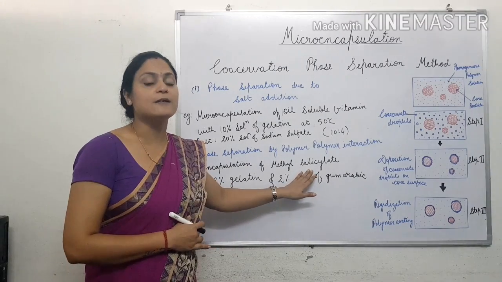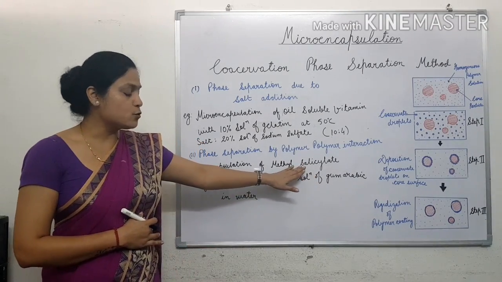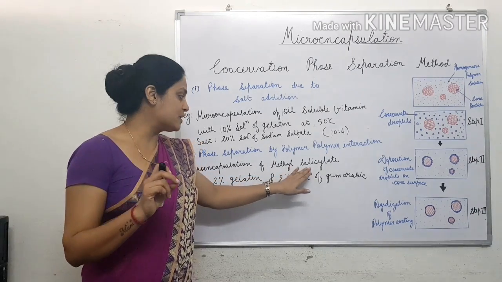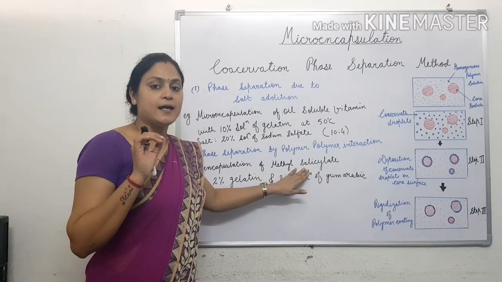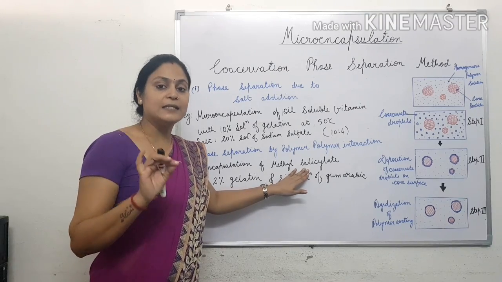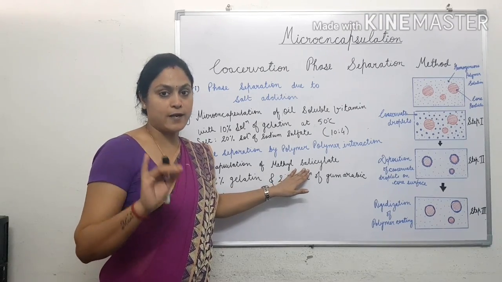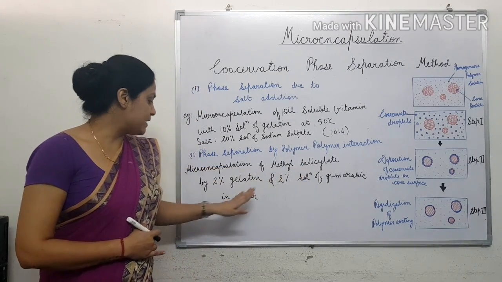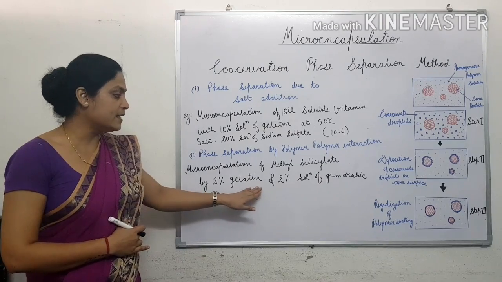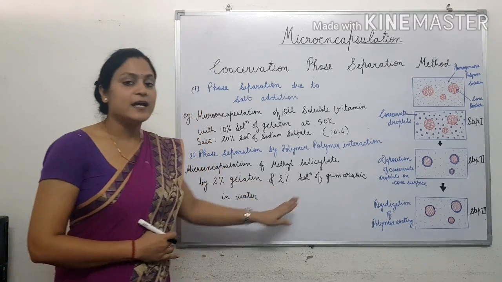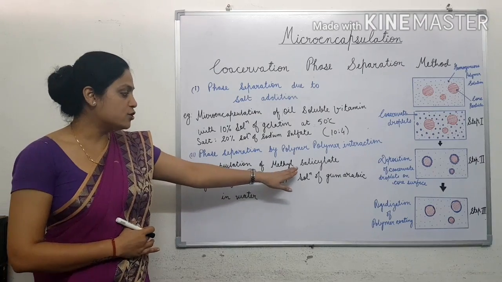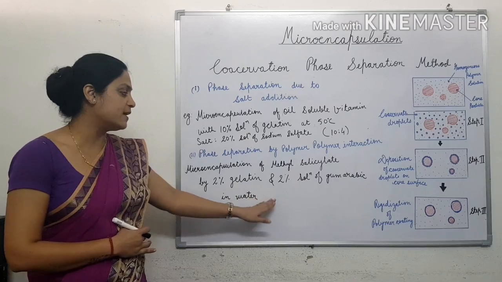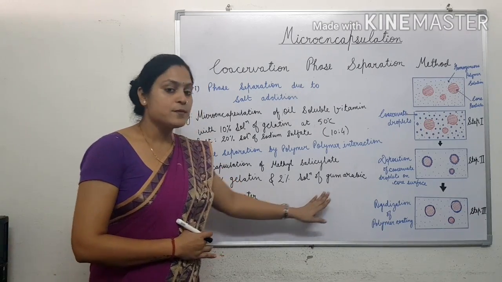Again it is first emulsified to get a desired globule size, because the globule size of this methyl salicylate affects the final particle size of the microcapsules, which are formed by coating this methyl salicylate with the help of 2% gelatin and 2% gum arabic in water. The emulsion is formed in the solution of 2% gelatin and 2% gum arabic.